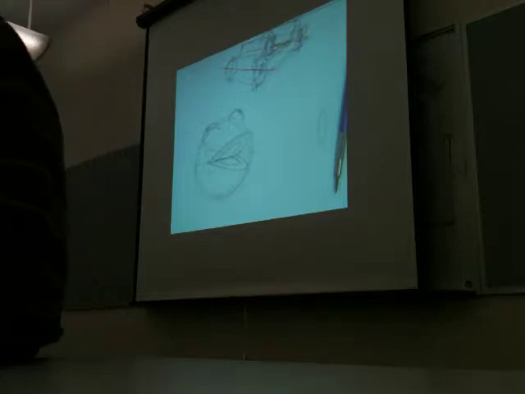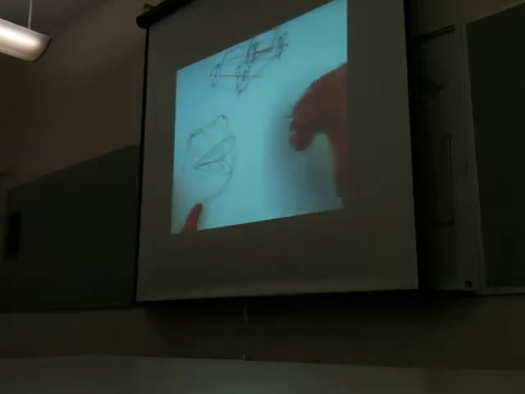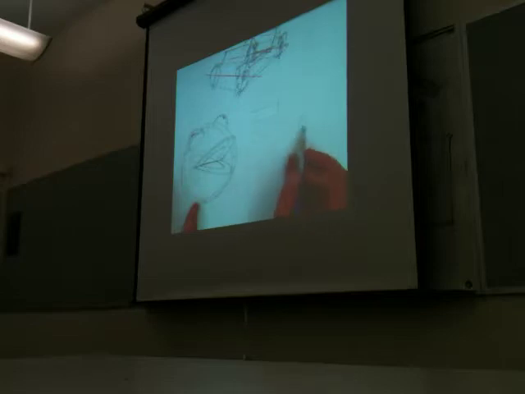The mouth line is elliptical. One thing that people do on their heads that's really horrible when they're doing figure drawing is they'll draw a head and they'll do this. The only time that happens is when it's at your eye level. Now, usually a head is, but we're artists.